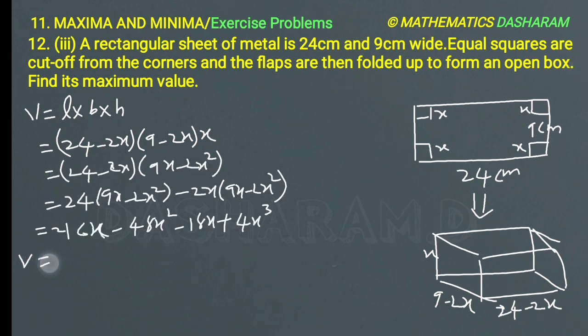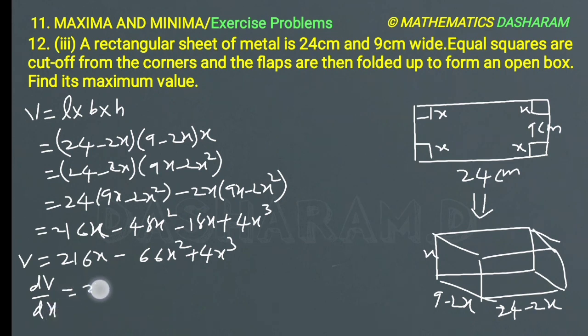So V equals 216x minus 66x square plus 4x cube. Let's find dV by dx. It is equal to 216 minus 66 into 2, that is 132x, plus 4 times 3, that is 12x square.